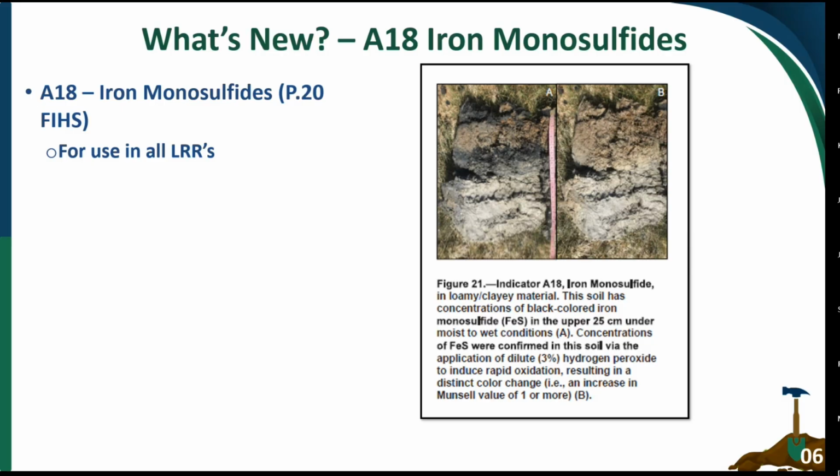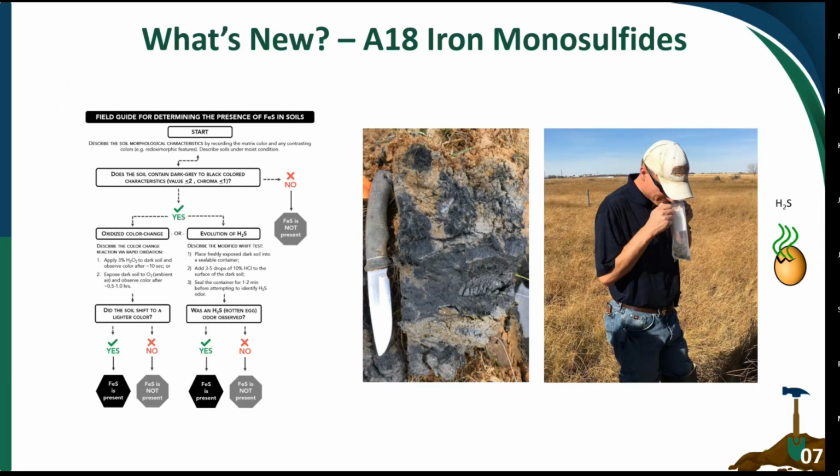So these soils have been problematic in the sense that there is a known history of extreme wetness, but because of the environment that they form in, the typical redox features don't form or they are masked because of the darkness of the iron monosulfides. So there is a field guide in the glossary in the back of the book that provides guidance on determining the presence of iron monosulfides in the soils.